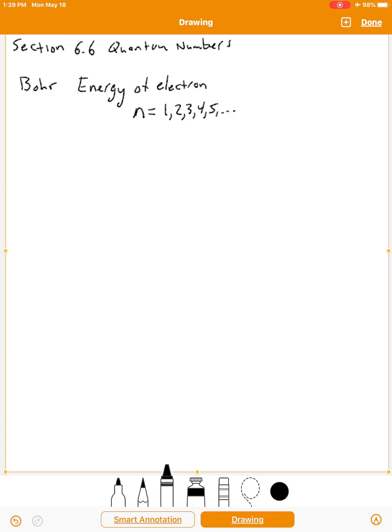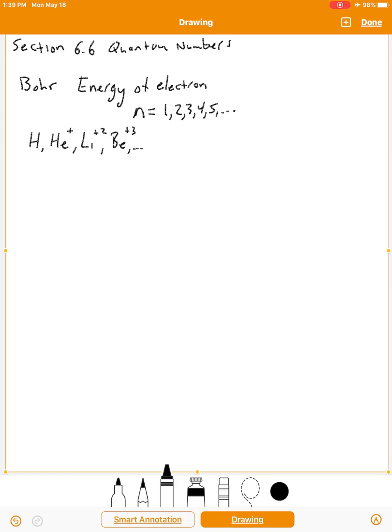It could only accurately describe the hydrogen atom, the helium-1 ion, the lithium-2 ion, the beryllium-3 ion, and so forth. It could only accurately describe the energy levels of species that had one electron.